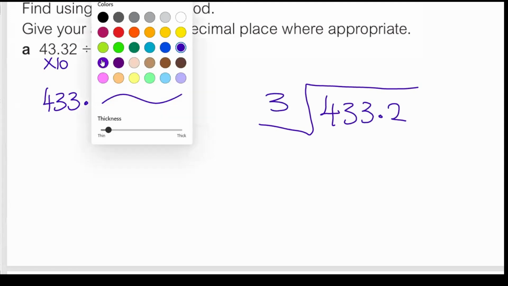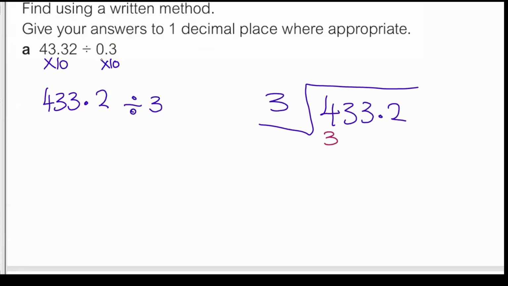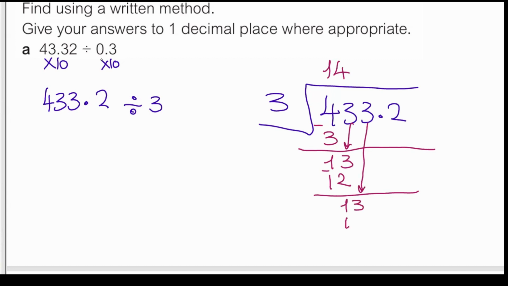So the closest thing to 4 is 3, and you put 1 up, subtract. So you have 1, put the 3 down. The closest thing to 13 is 12, so 12 divided 3 is 4. Subtract, put the 3 down, and it's 12 again.